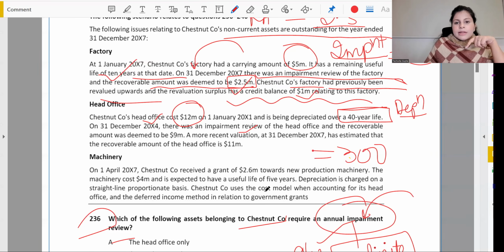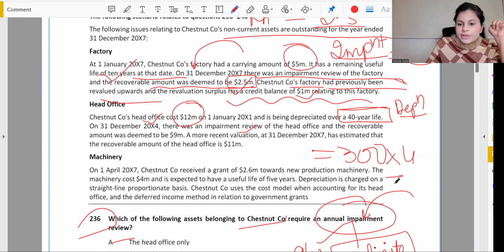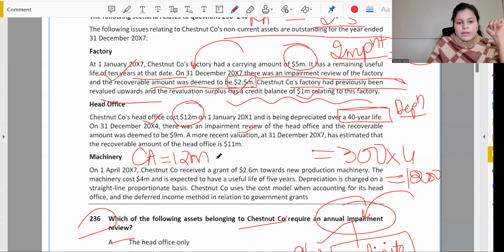So how much depreciation has been charged? 300 into 4, which is 1200. So what's my carrying amount? 12,000 minus 1200, which is 10800. Okay, that's my carrying amount.